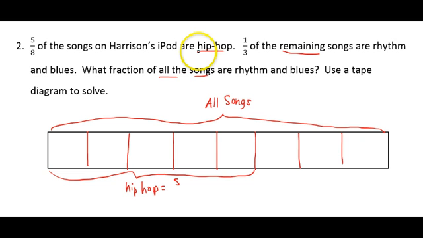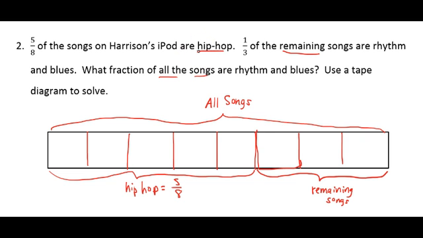So hip-hop equals 5 out of the 8 pieces, or 5/8. Next it says 1/3 of the remaining songs are rhythm and blues. Well, the remaining songs are these 3 pieces. And we need to find 1/3 of the remaining songs.